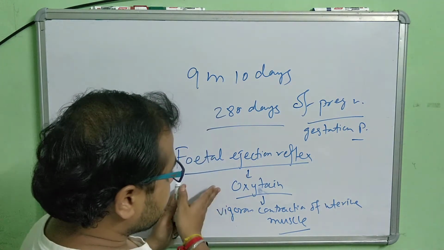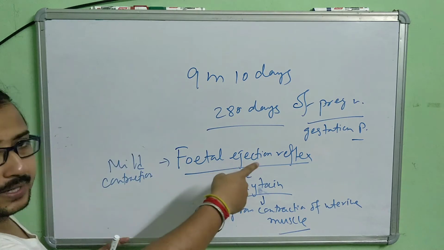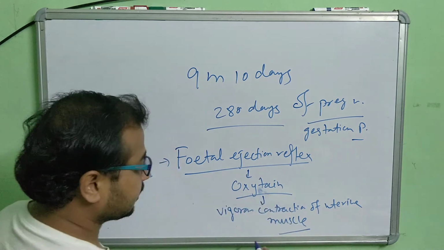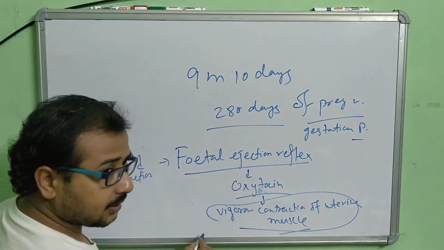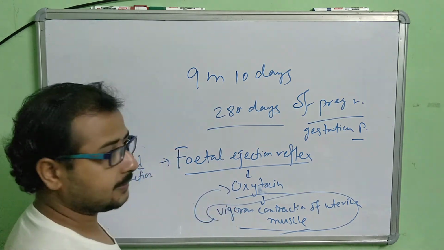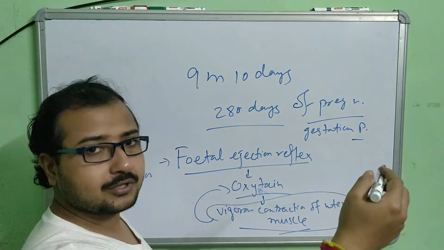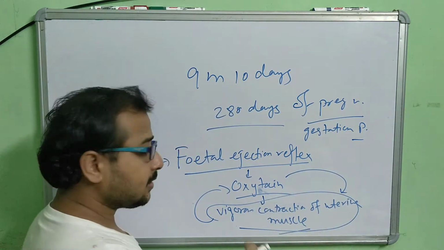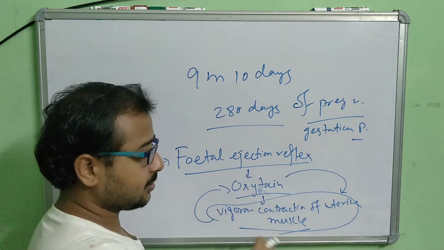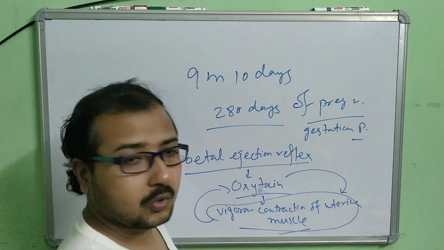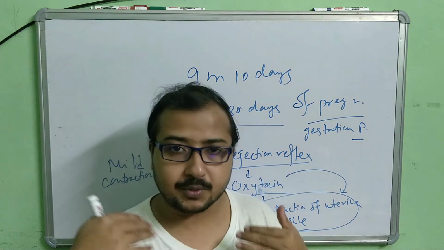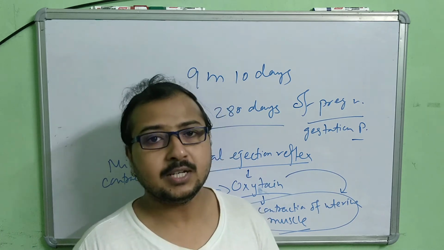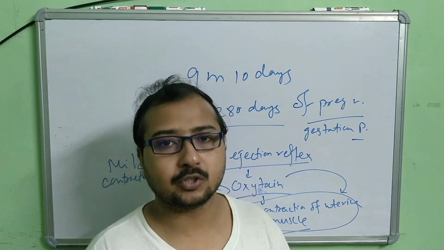The secretion of oxytocin as a result of mild contraction triggers more vigorous contraction of the uterine muscle, and this vigorous contraction in turn leads to the secretion of more oxytocin. The more oxytocin is secreted, the more the uterine muscle contraction is triggered. Again this contraction triggers more oxytocin, and this is how the cycle continues. These contractions become stronger and stronger due to more and more secretion of oxytocin, which ultimately pushes the baby out of the uterus.